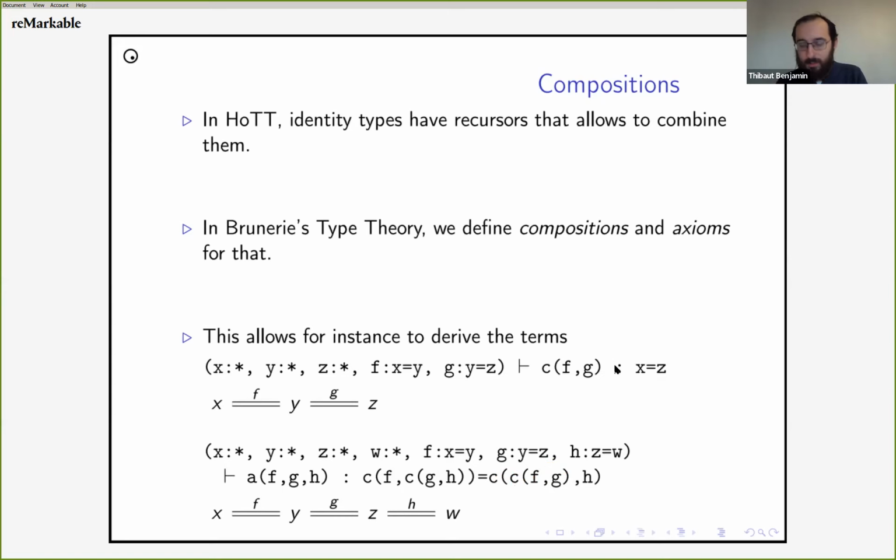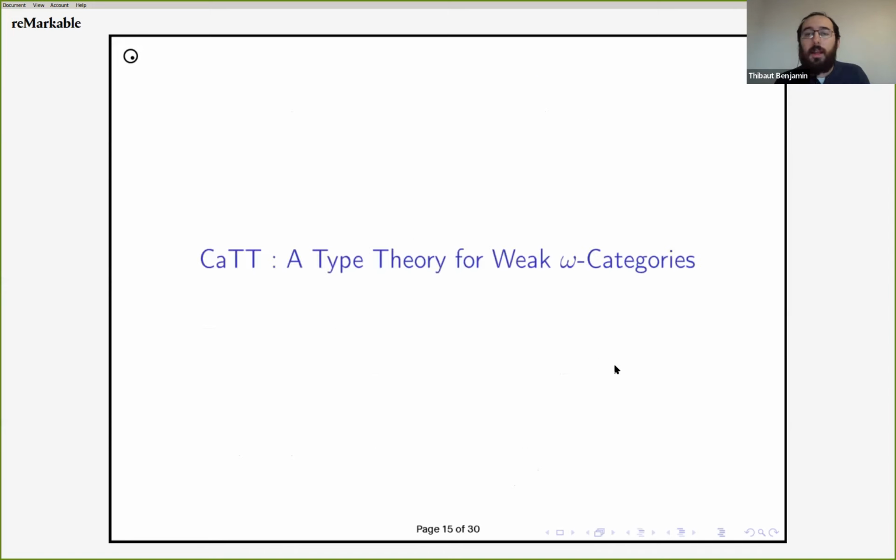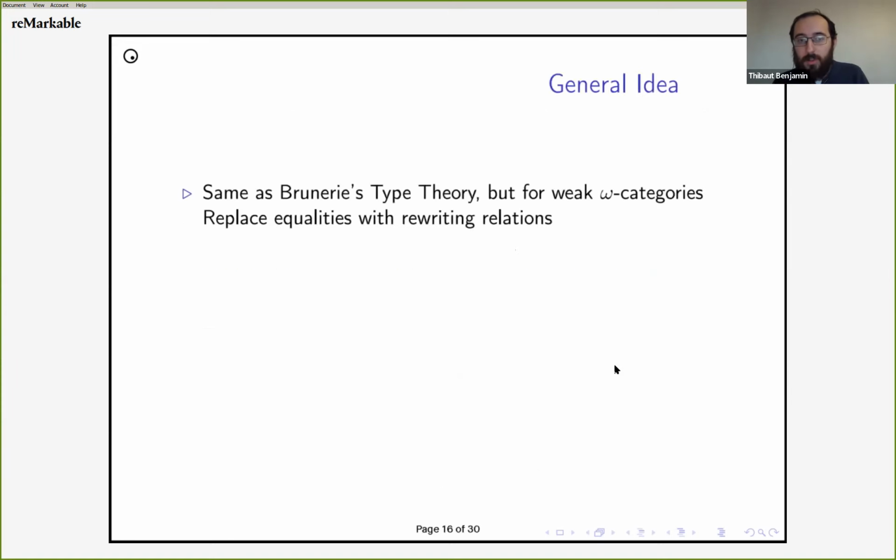So this is the theory CaTT. The way I want you to think of it is exactly as Brunerie's type theory, but we replace weak omega groupoids with weak omega categories. And what does that mean in terms of equalities? Well, we're not interested in equalities anymore. We're interested in some sort of rewriting relation.